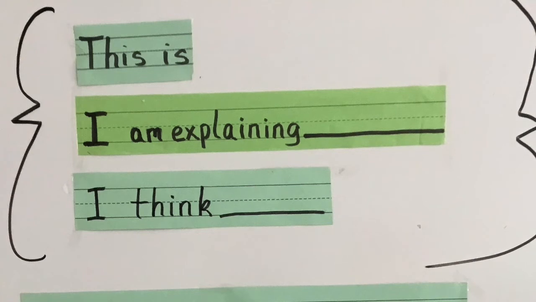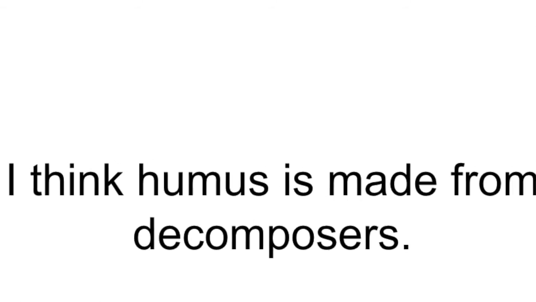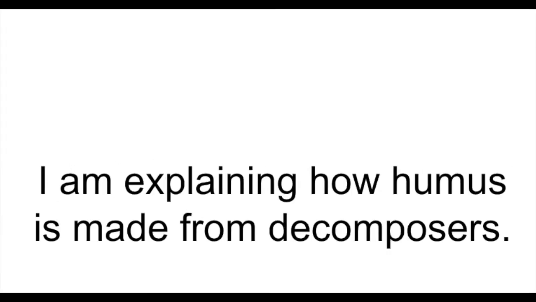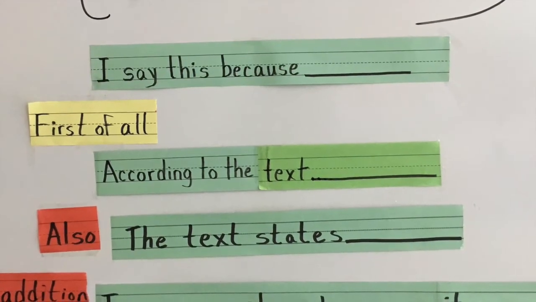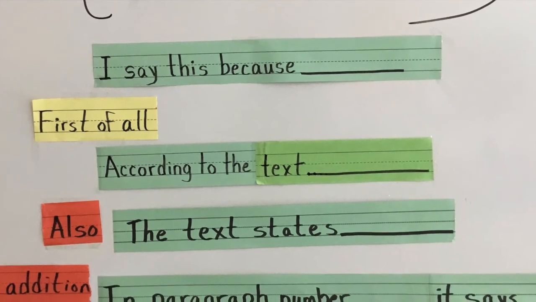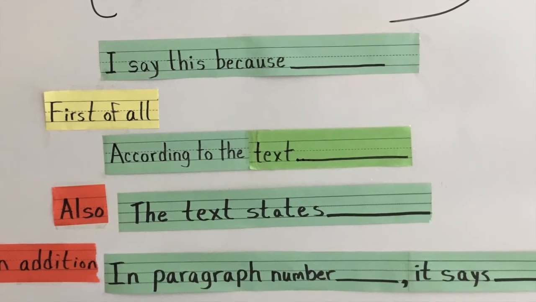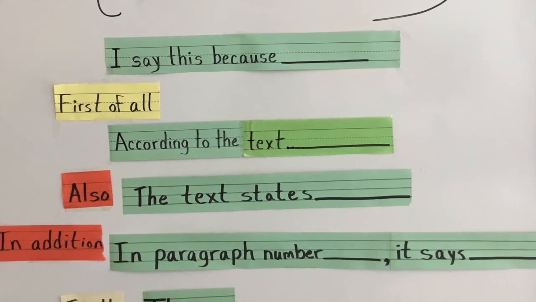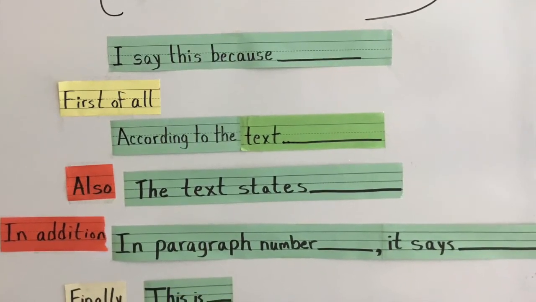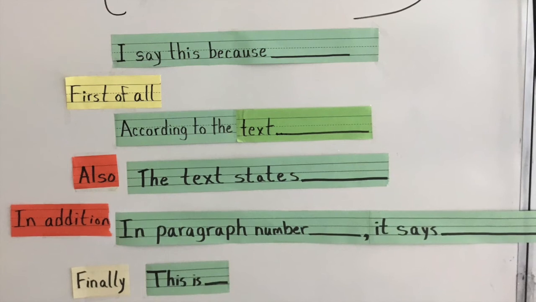So I would start off by saying, I think humus is made from decomposers, or I am explaining how humus is made from decomposers. The next set of sentence stems will help you add details to support your answer. Also notice the words first of all, also, in addition, and finally. These are transition words. They will help you connect your details instead of using and.